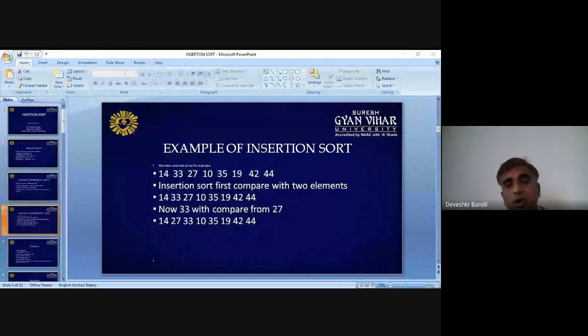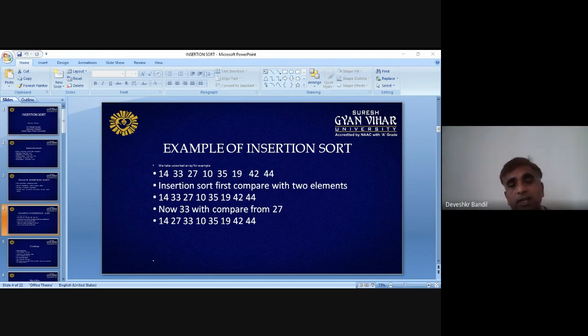Suppose you are taking the numbers of your students, so all numbers are in integer form. For storing the numbers of all students, you will take an array. That's why I told you an array is a collection of similar type elements.